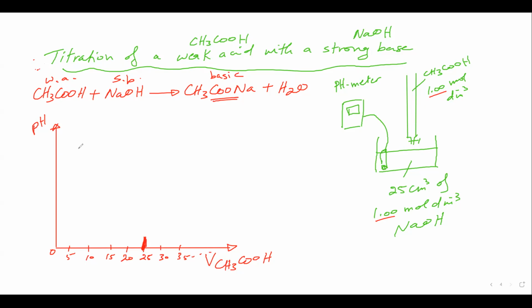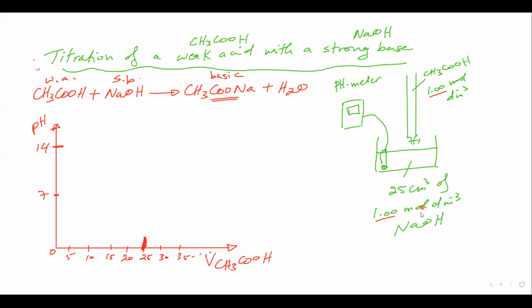Now we start also with sodium hydroxide. We placed it in the beaker, which means that the pH is 14. So here is the pH 14, 7, and 0. Now as ethanoic acid is added to sodium hydroxide, if we added 5 cm³ of ethanoic acid, it will react with 5 cm³ of the sodium hydroxide, producing sodium ethanoate, which is a base.